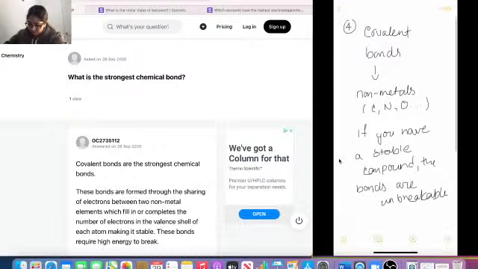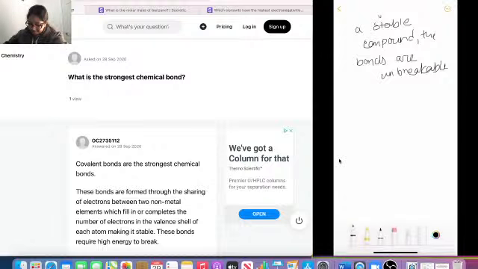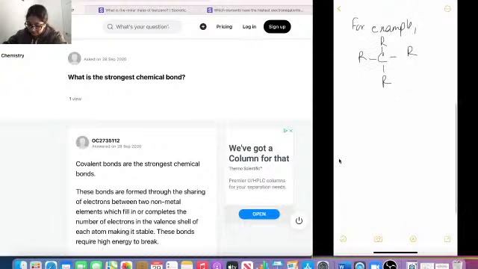Okay, and when you're also thinking about, for example, let's say you have this big carbon chain, really big carbon chain. These are all carbons, and carbon chains are very hard to break because they have all these large chains.